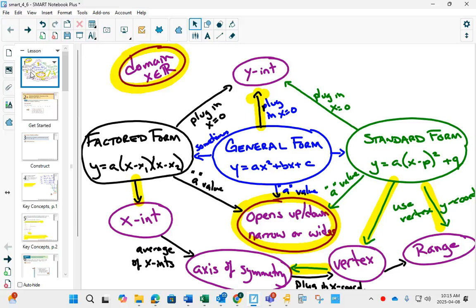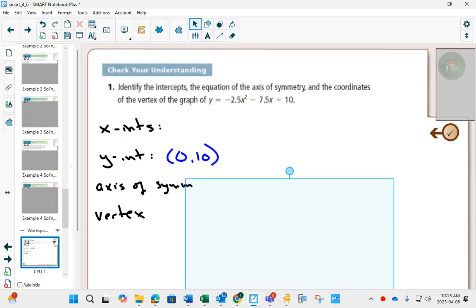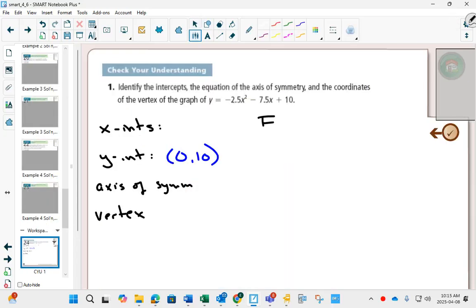Sometimes things can be factored, sometimes they can't. So we'll go back to our question. And based on what we wanted, it seems like the factored form makes sense. So can I take out a common factor? Can I take out the negative 2.5? Well, that would leave me with x squared.